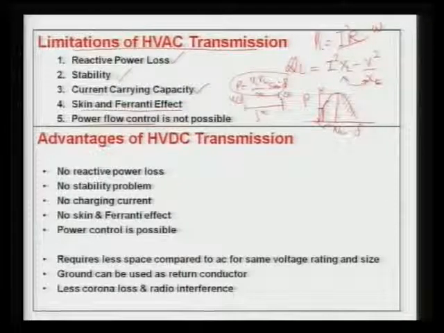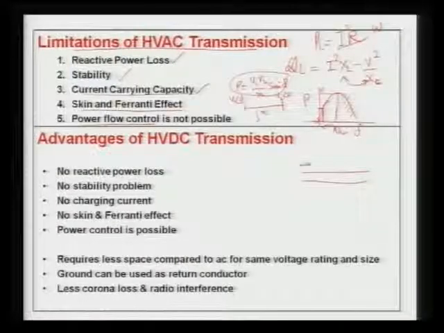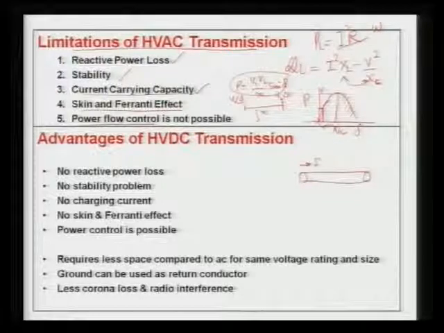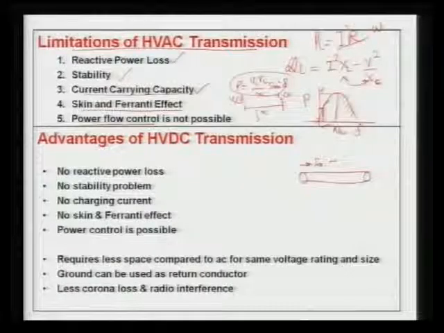Another is current carrying capability. If there is any wire or cable, the current I flowing inside it is what defines the current carrying capability. If it is an AC system, the current has two components: one active and another reactive.